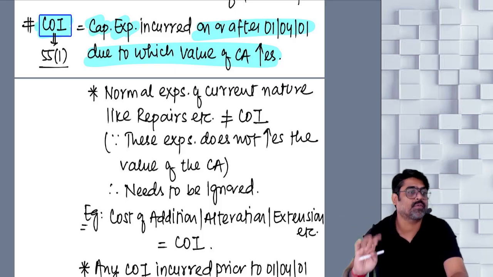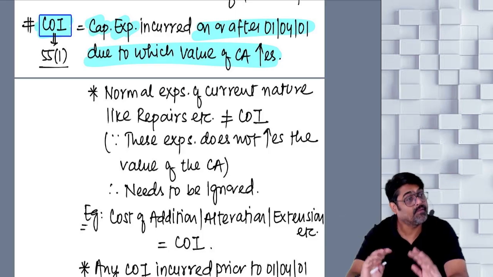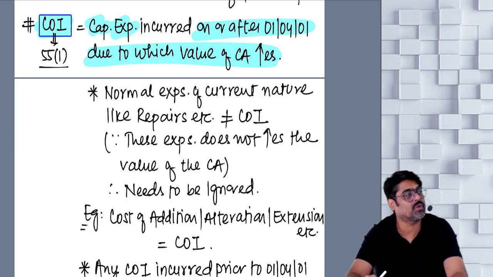Meaning any cost of improvement, even if it increases the value of your asset, if it is incurred prior to 1st April 2001, it will be ignored. What is the reason for that? First of all, understand the examples.